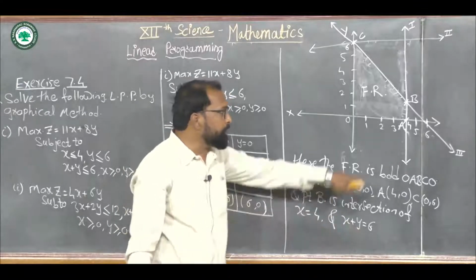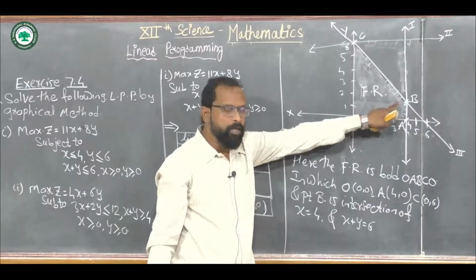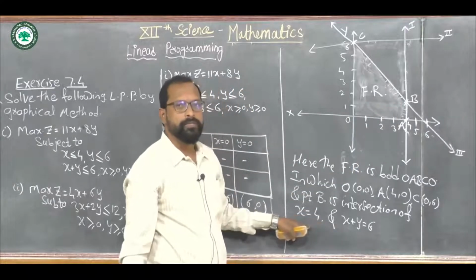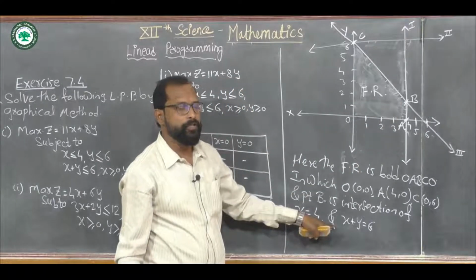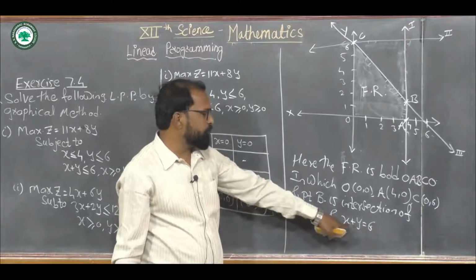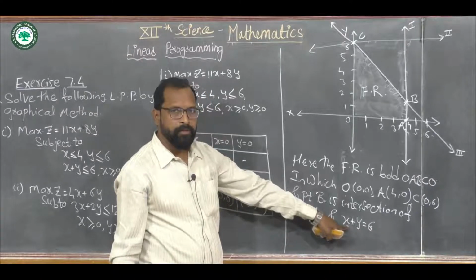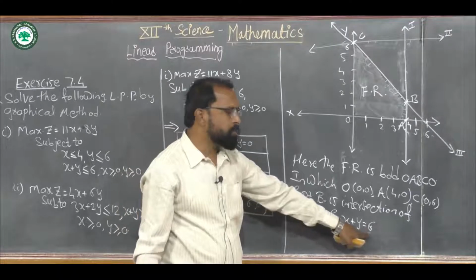To find the coordinates of this point B, we solve these two simultaneous linear equations. Putting x equals 4 in the second equation, we get y equals 2.